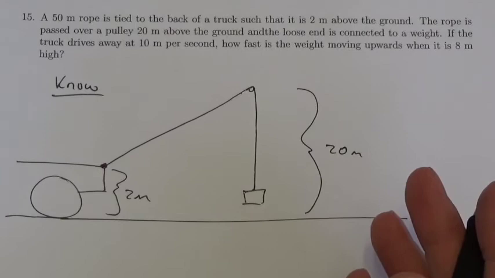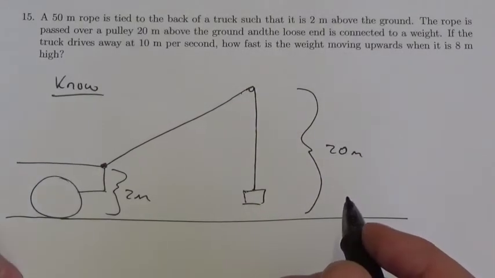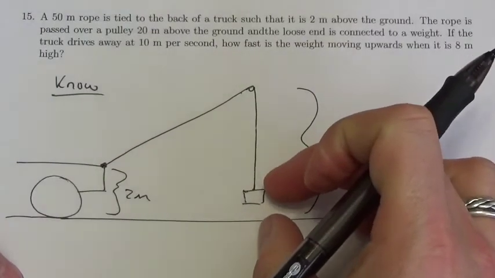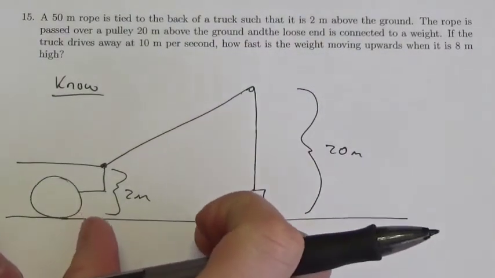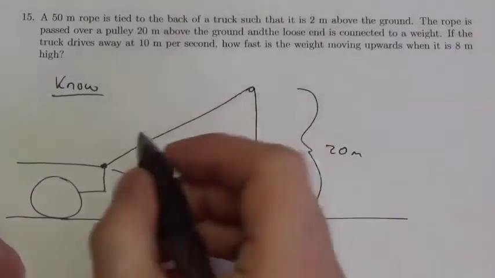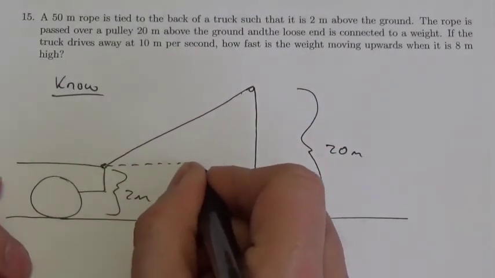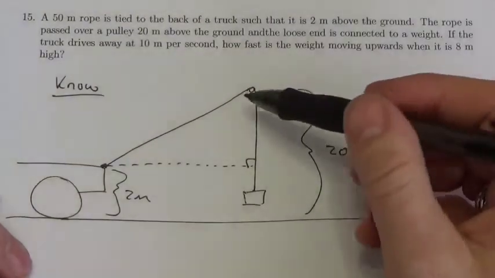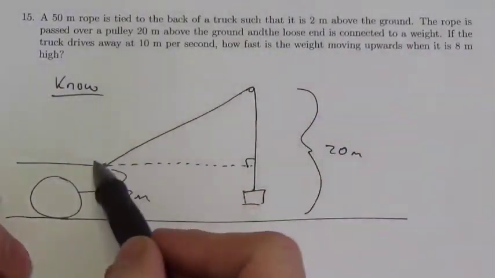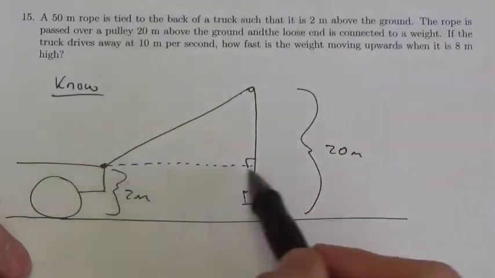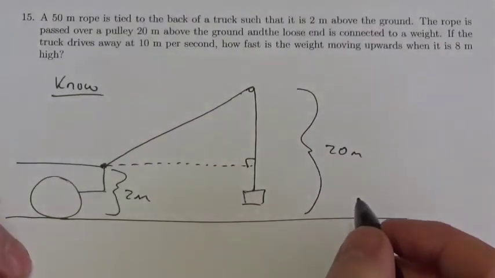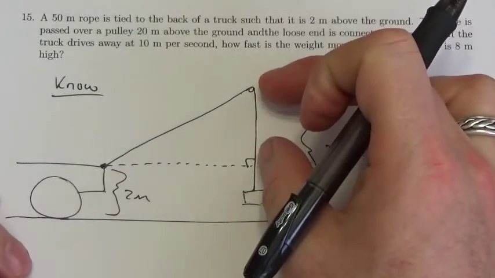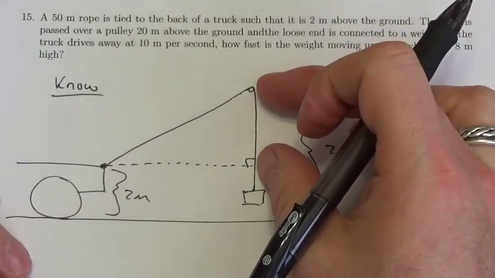However, the problem with that is how you relate this distance right here to the truck. I think it's a very natural thing to want to build a triangle here. Now, the problem is, when you're laying out this triangle, in order for this to work, this distance actually stays constant in this triangle.